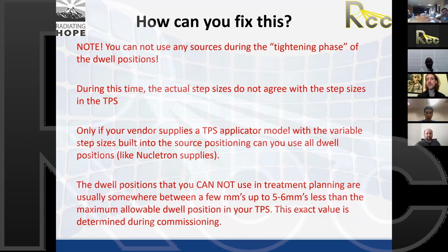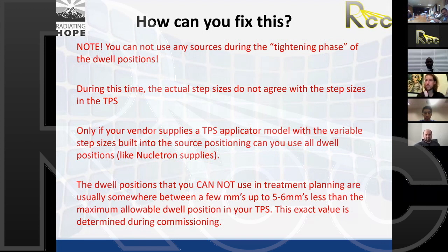So only if your vendor supplies a TPS applicator model with the variable step sizes built into the source position, you can use these dwell positions, like a Newcastle, for example. The dwell positions that you cannot use in treatment planning are usually somewhere between a few millimeters up to 5 or 6 millimeters less than the maximum allowable dwell position in your TPS. The exact value is determined during commissioning.